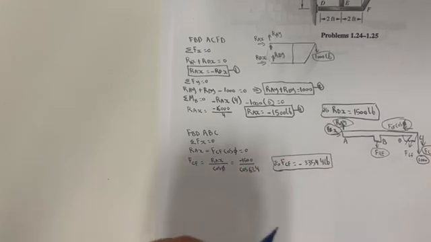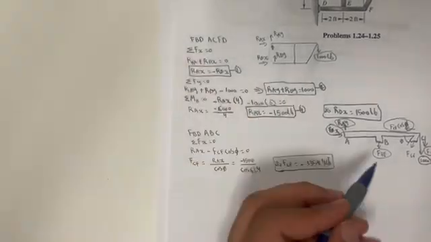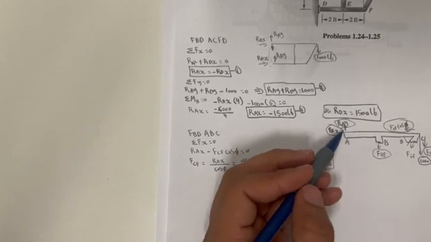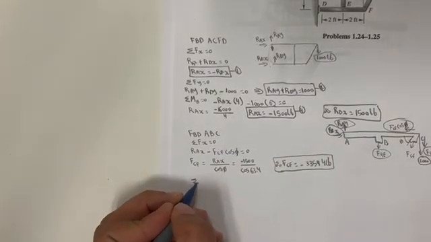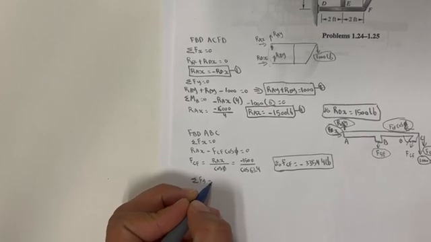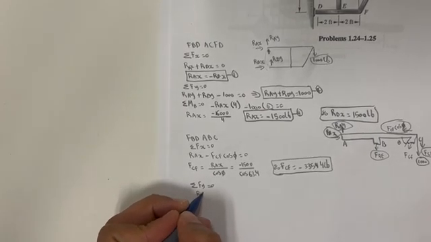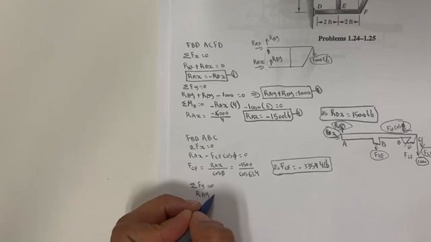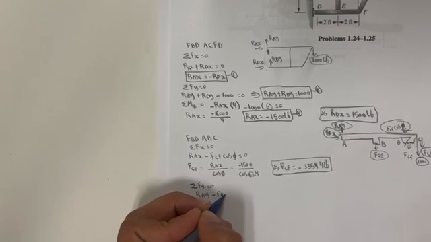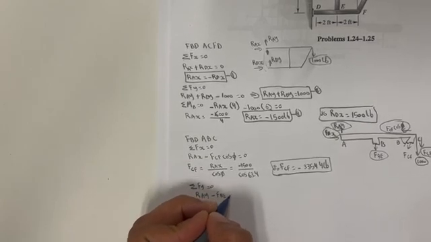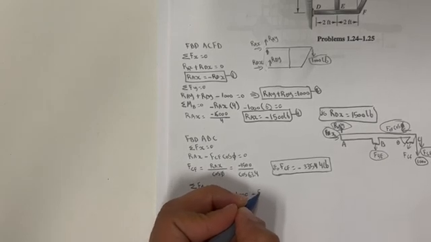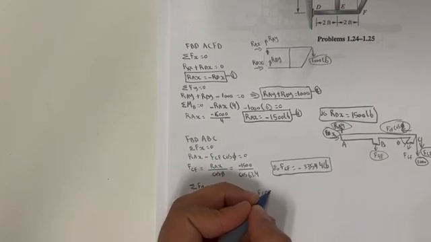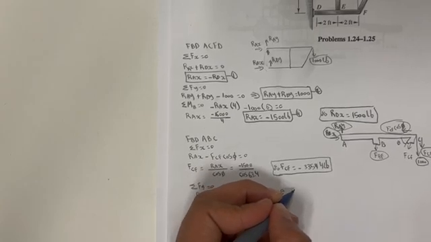Okay, so if we do summation of y, let's do it, but it will not help a lot. But okay, just RAY and this minus FBE minus 1000 minus FCF sine phi equals 0.